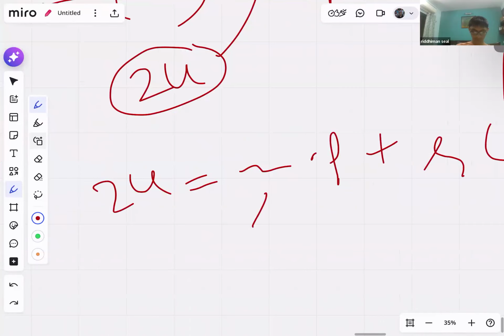So let me ask you, what is this something? You want to write it in the form of the Euclidean algorithm, right? What do you do? Any ideas?